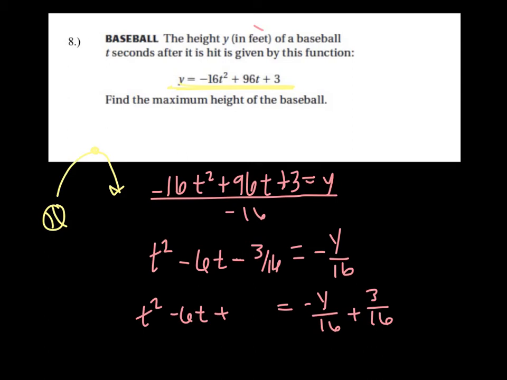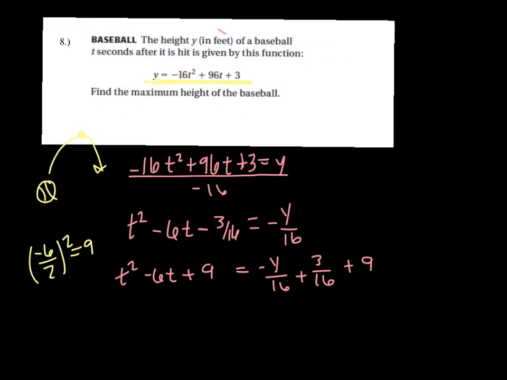Okay, so now we have to say, what is 6 divided by 2 squared? It's 3. So we want to add 9 to both sides. Okay, so let's rewrite that left-hand side as a squared trinomial.